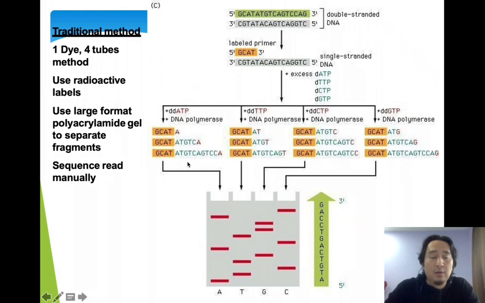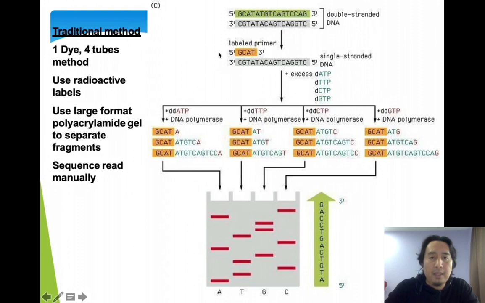So after the primer, this is the primer, DNA polymerase will recognize and read. CGTAT. Okay, so GCAT is the primer. So this is the primer.